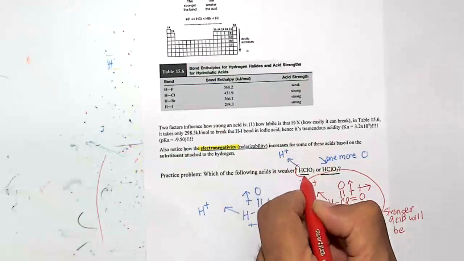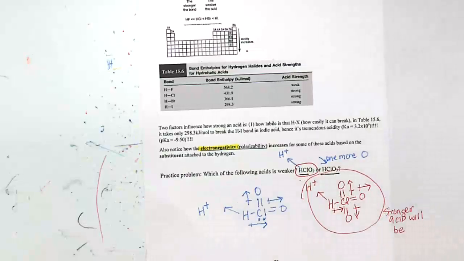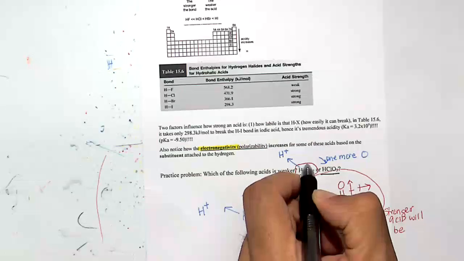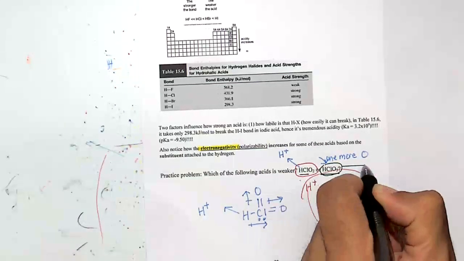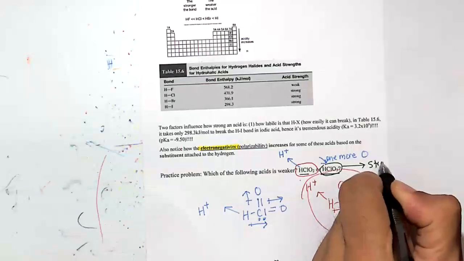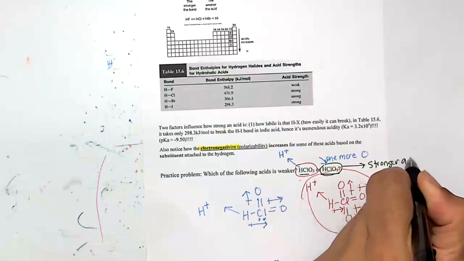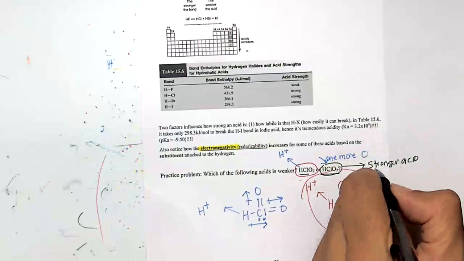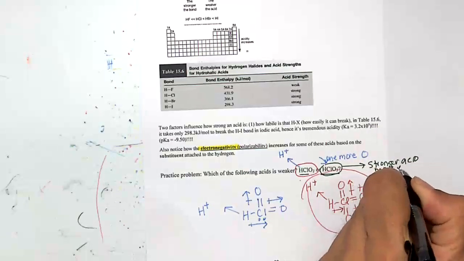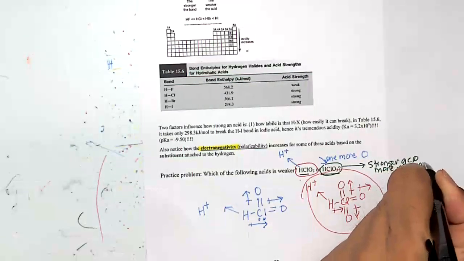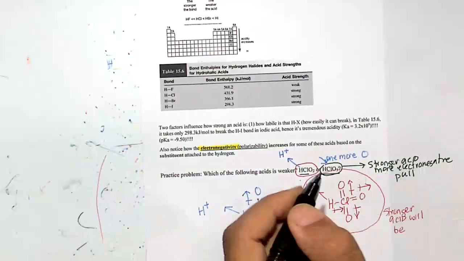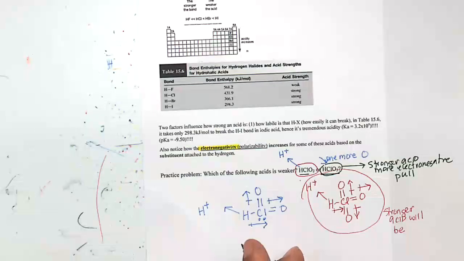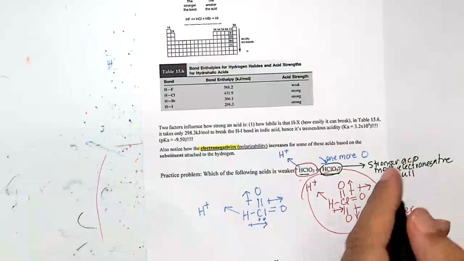All right, so the weaker acid is going to be HClO2. Why? Because it has less electronegative pull from the oxygens. This will be the stronger acid, more electronegative pull by virtue of the oxygens.